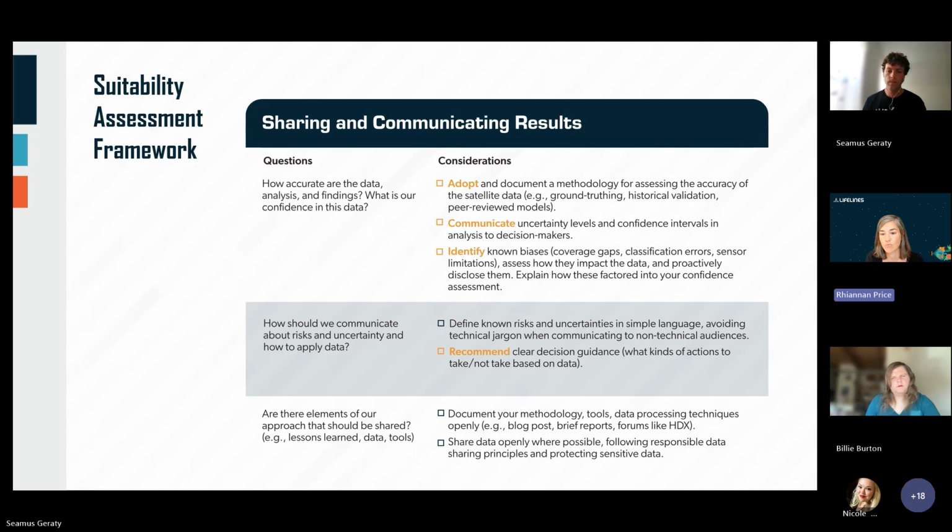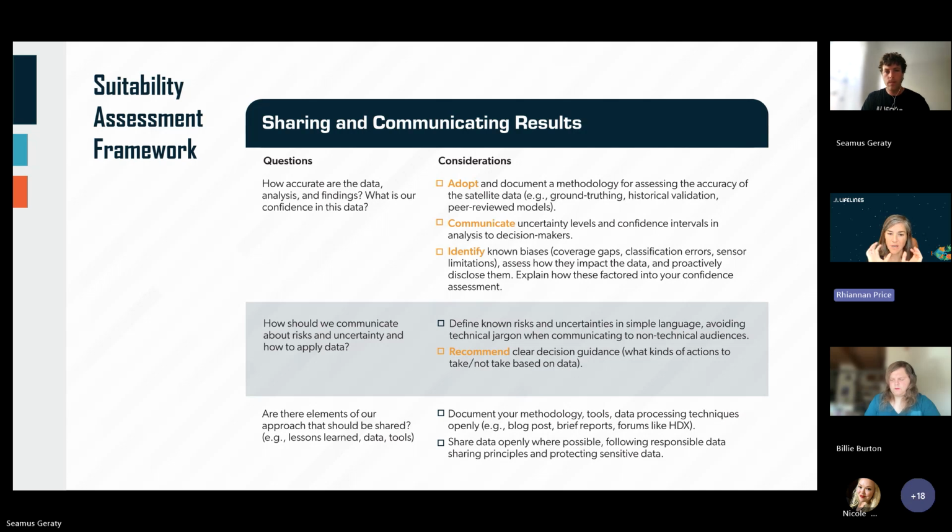So documenting, adopting clear methods, communicating what works and what doesn't, and taking the time to share that out is really important, as is reflection and evaluation at the end of the project life cycle, which can hopefully inform next steps and where you go in terms of a broader strategy or investment in some of these things.